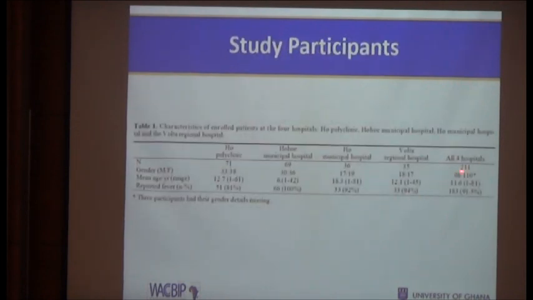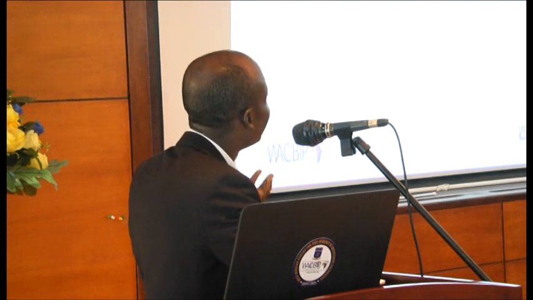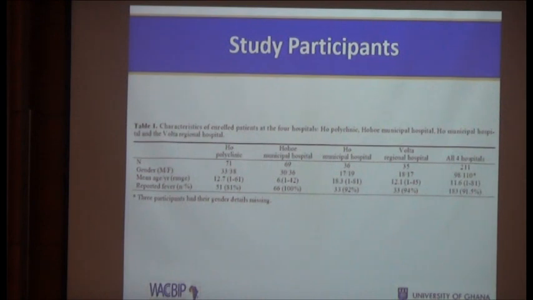So in all, we had about 211 participants, and out of that, about 92% of them had a symptom. They complained of the symptoms that we were looking for, that they had fever, maybe high temperature, headache, body ache, and all that.